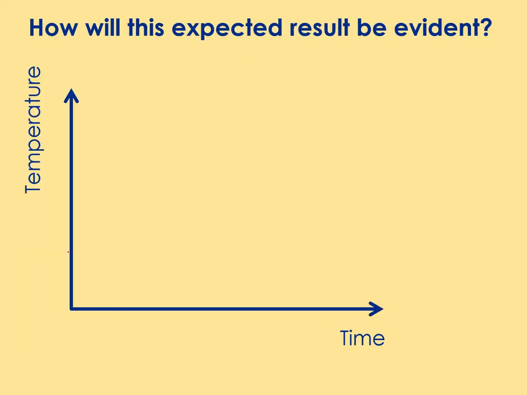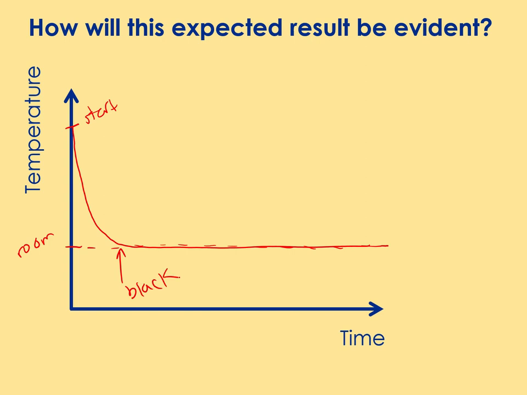Well, over time, if this was your starting temperature of the hot water and this was room temperature, both experiments would fall down to room temperature, but the one that's the best emitter would get there first because it gives out heat the fastest. So the black one would go down to room temperature first, whereas the silver one would take longer.